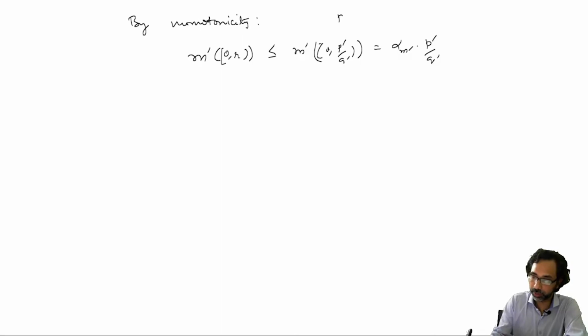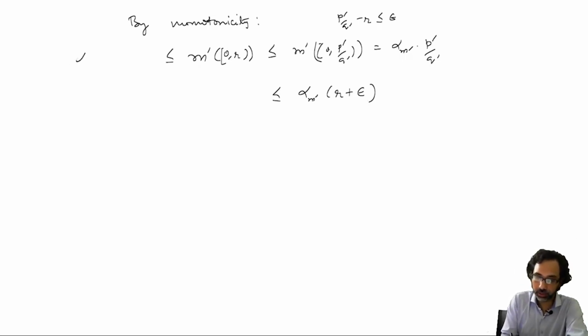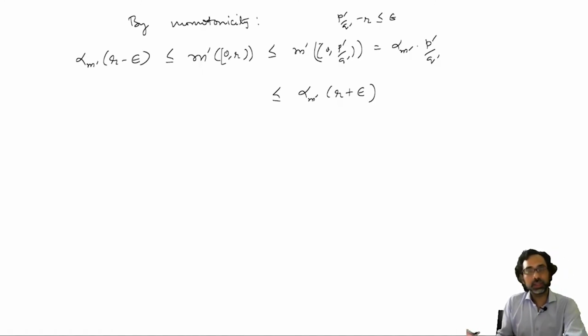But since we have chosen P prime by Q prime minus R is less than or equal to epsilon, this is less than or equal to alpha M prime times R plus epsilon. And we have already shown that this is less than or equal to alpha M prime times R minus epsilon. So we have seen this kind of argument before, where we approximate from both sides.